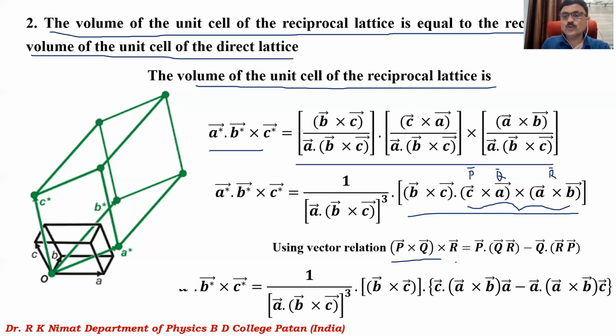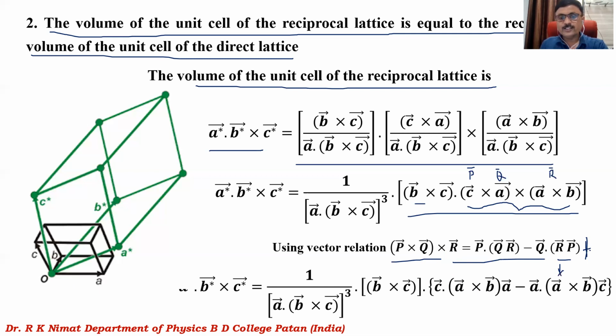So if you apply this relation to the above, you will get the RHS equal to 1 upon vector A dot vector B cross vector C, bracket cubed. I will use this B cross C as it is, and I will expand using this relation: vector C dot vector A cross vector B into A, minus vector A dot vector A cross vector B into C. Using this relation, we will get this equation.